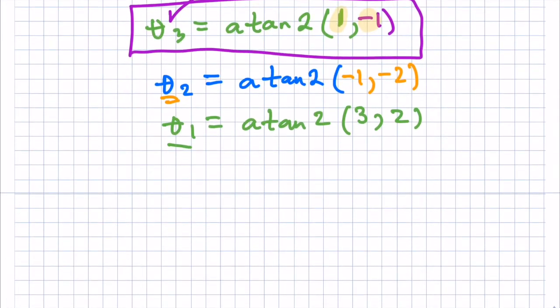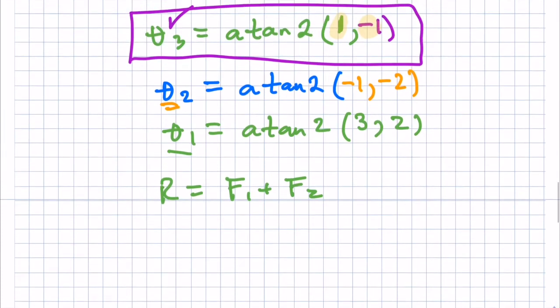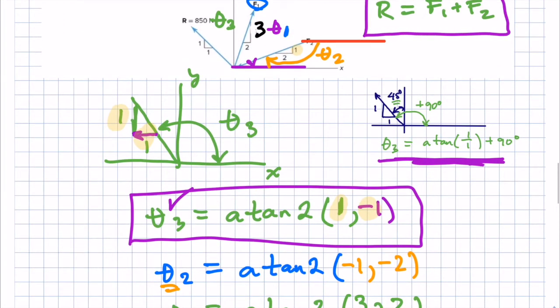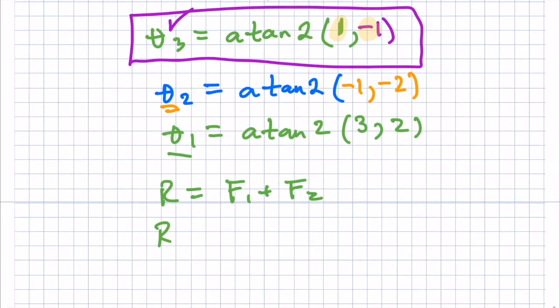Once you have that, what we know is that R is equal to F1 plus F2. If we want the x direction, we use cosine to project down. So Rx is going to be R cosine theta 3.